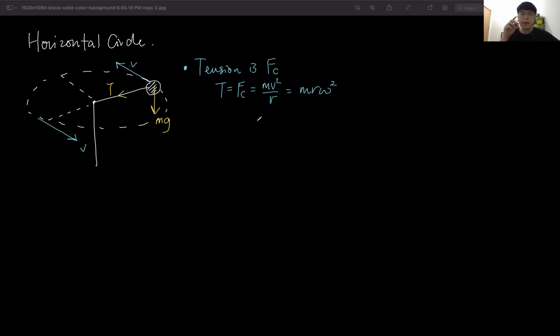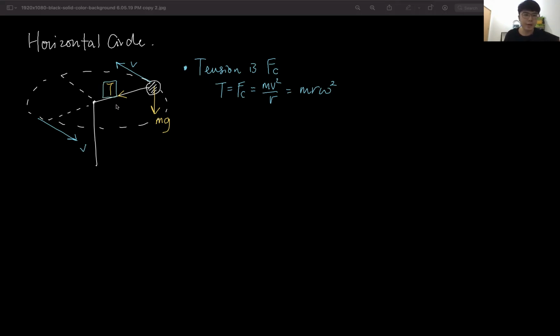And also, typical questions asked is that they often like to combine this with Hooke's law. So what you learn in Hooke's law, the tension here can be calculated using Hooke's law.